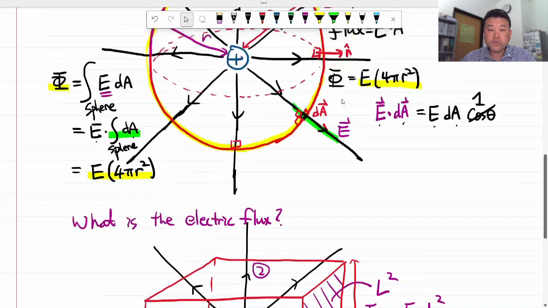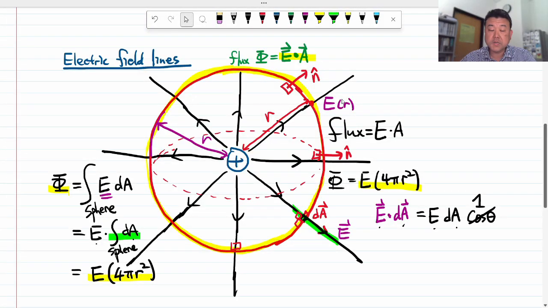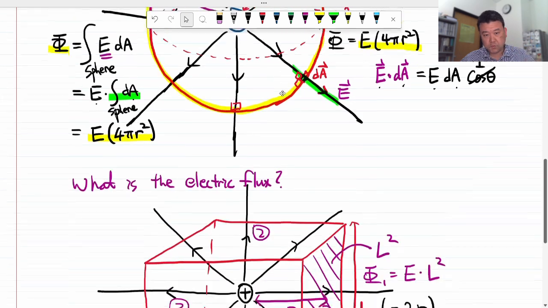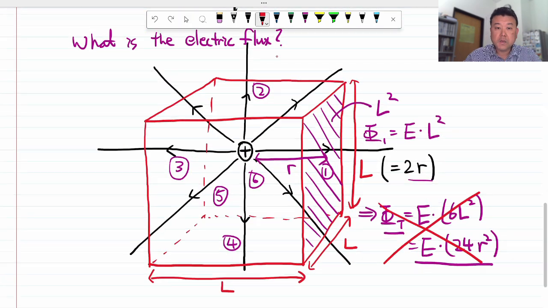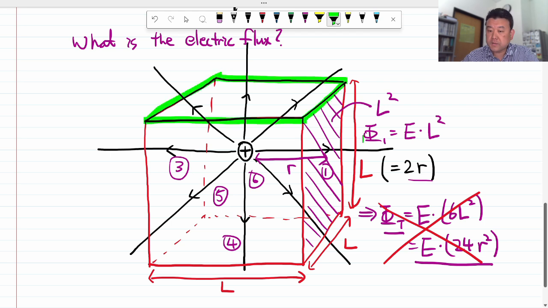This is why we went through the first example with some care. Let's look at some representative surface area elements on the cubic surface. I'll use this top surface for examples. When I did this calculation, I was thinking of this surface area element right at the center of a face. It's a distance r away from the positive charge, and the surface normal is pointing radially away from the charge.